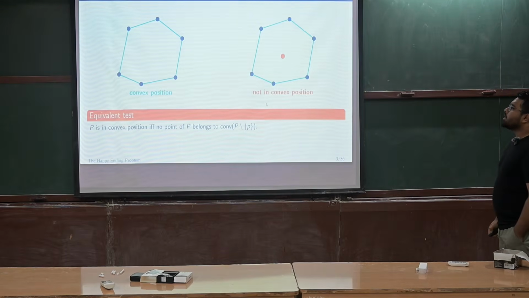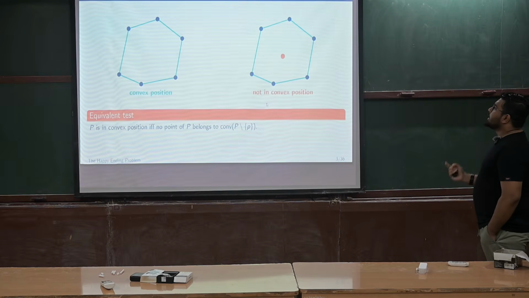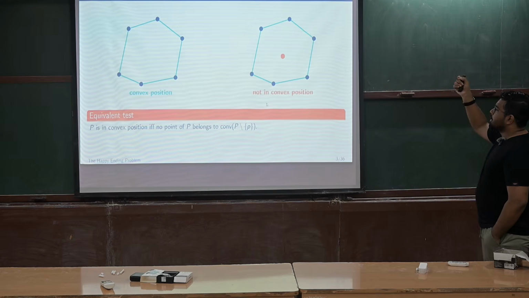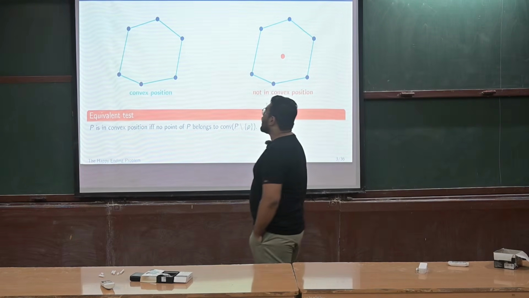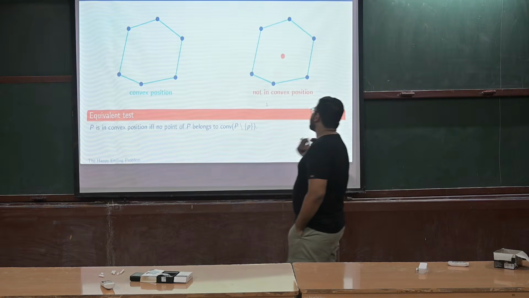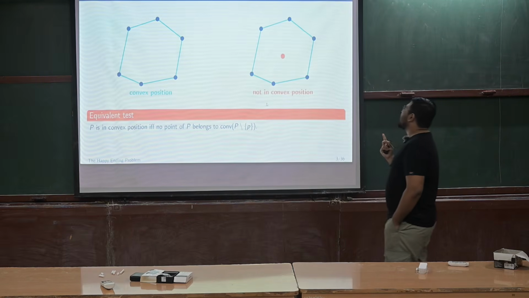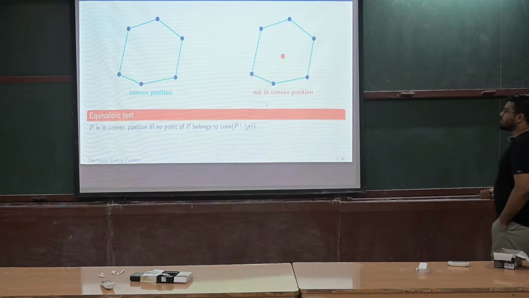Basically, any point that lies on the boundary of the convex hull is in convex position. For example, all of the 6 points here are in convex position because they all lie on the boundary. But the orange point here lies inside, so it's not in convex position.